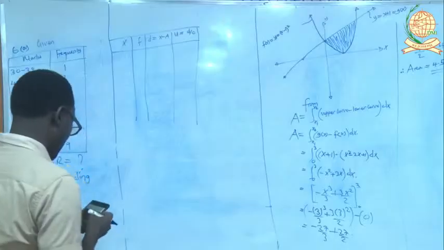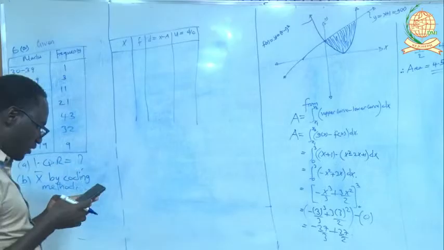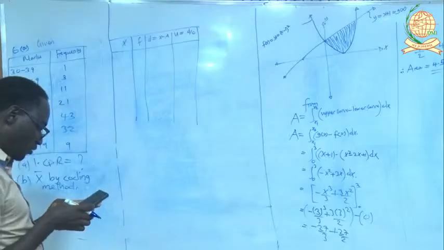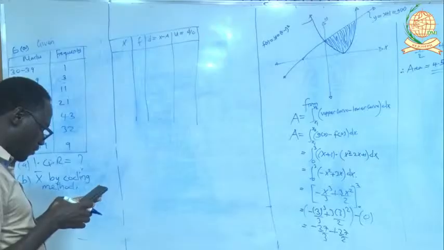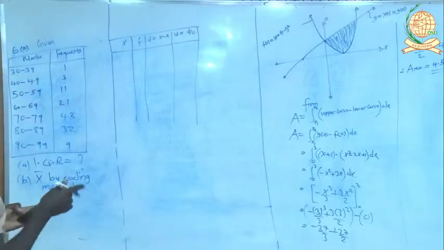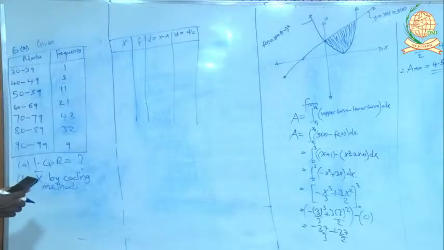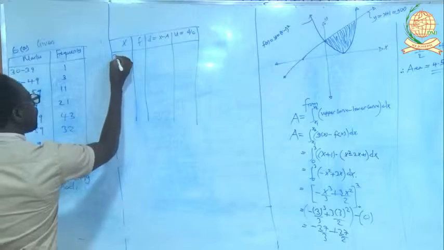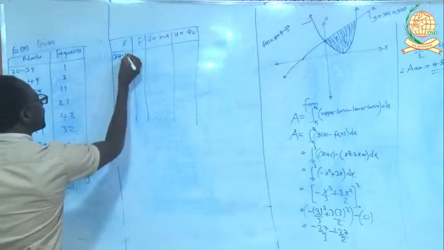If you take 30 plus 39, then you divide by 2, you'll get 34.5.